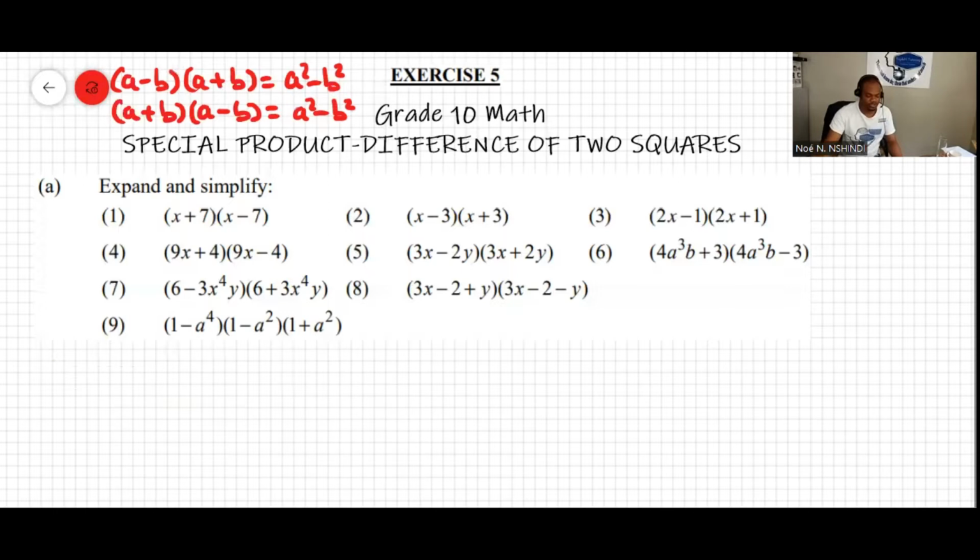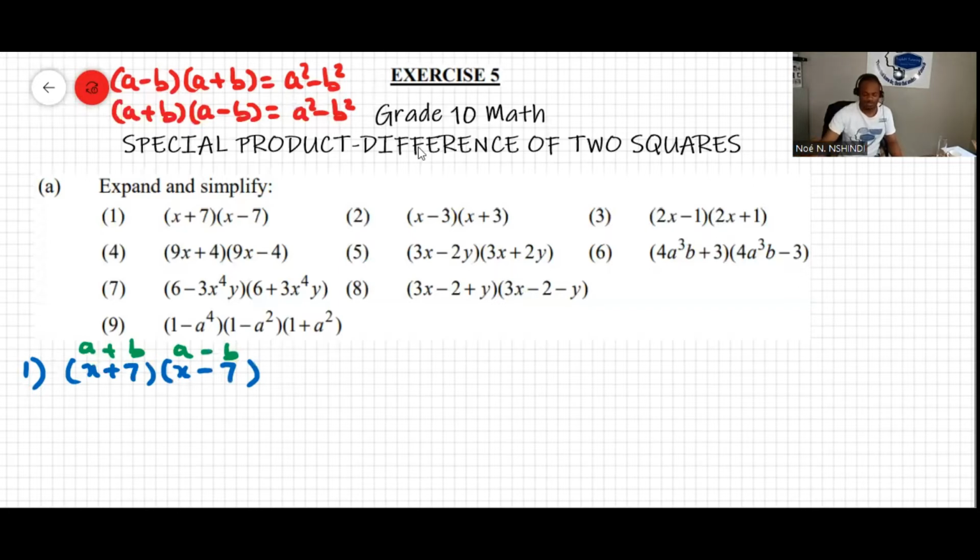For question 1, we have x plus 7 and x minus 7. Our A here is x and B is 7. So that's A plus B and that's A minus B, and our answer will be A squared minus B squared.